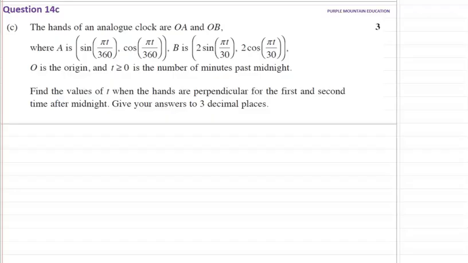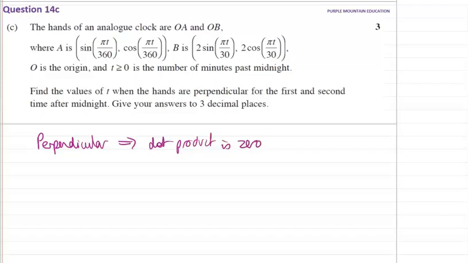Okay, so the key to unlocking this question is to know that perpendicular implies that the dot product is 0. So let's go ahead and work out the dot product using the coordinates we've been given.